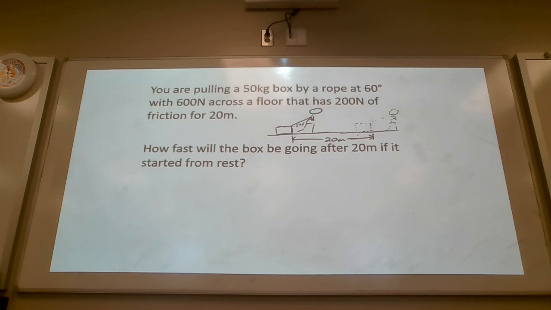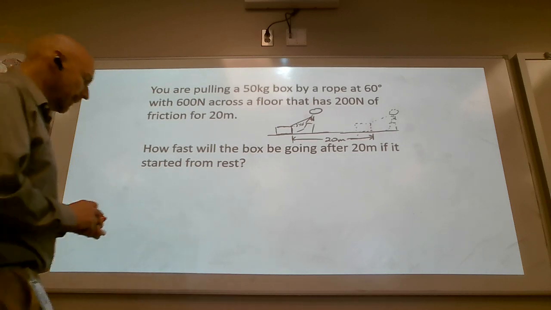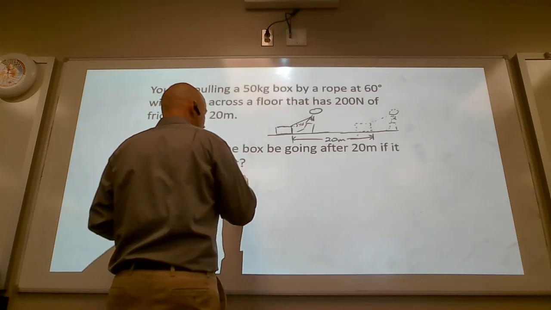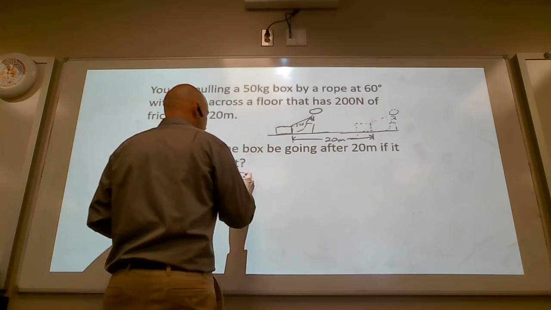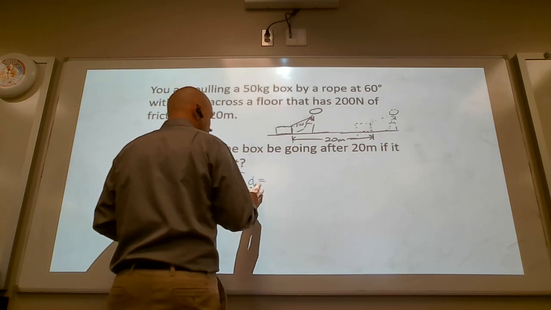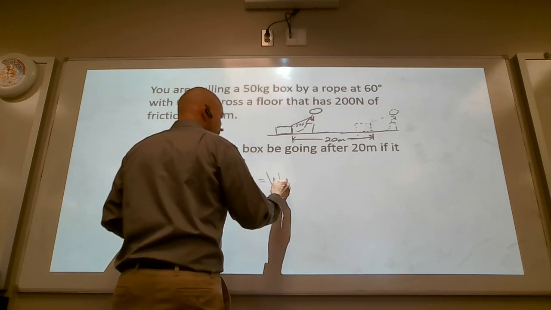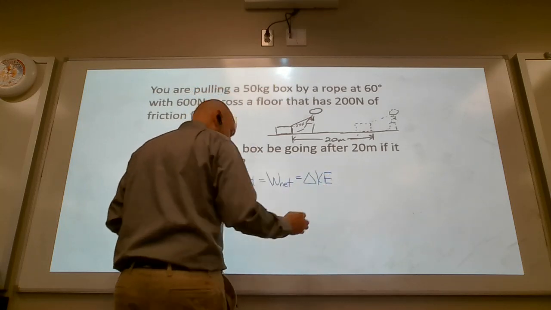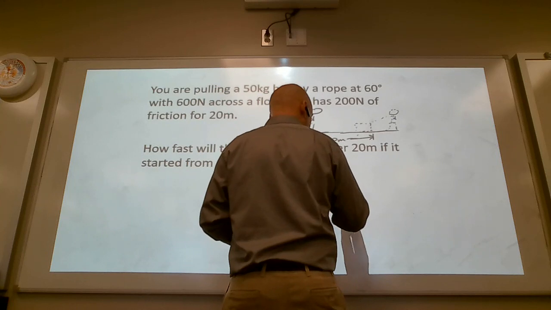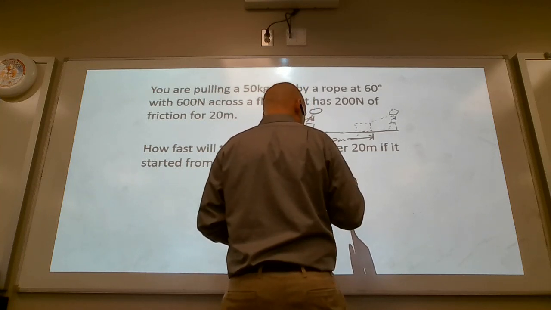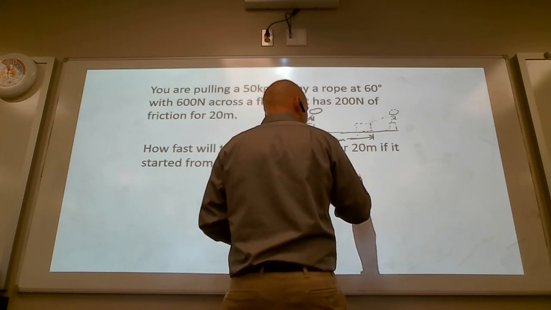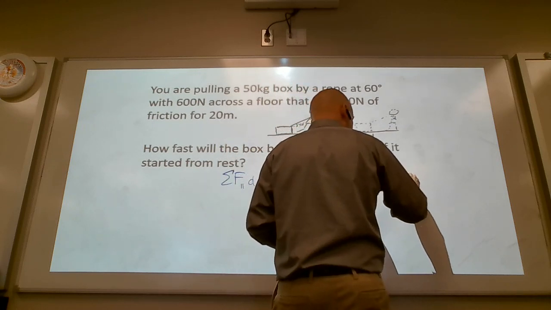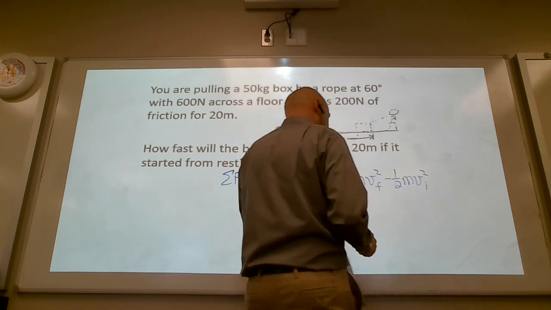Okay. So how fast will this box be going? We have the net force times distance equals the net work equals change in kinetic energy, equals 1/2 mass times speed squared final minus 1/2 mass times speed squared initial.